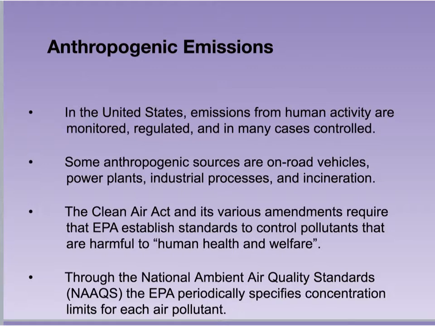Through the National Ambient Air Quality Standards, what we call the NAAQS, the EPA periodically specifies concentration limits in certain areas. For each type of pollutant, the NAAQS notes a concentration that should not be exceeded over a specific period of time.